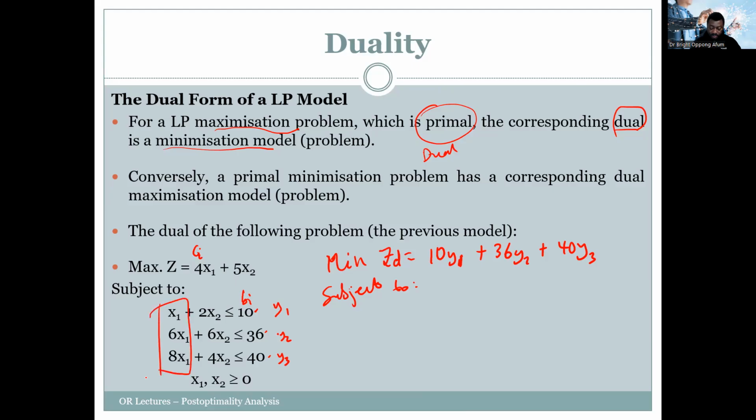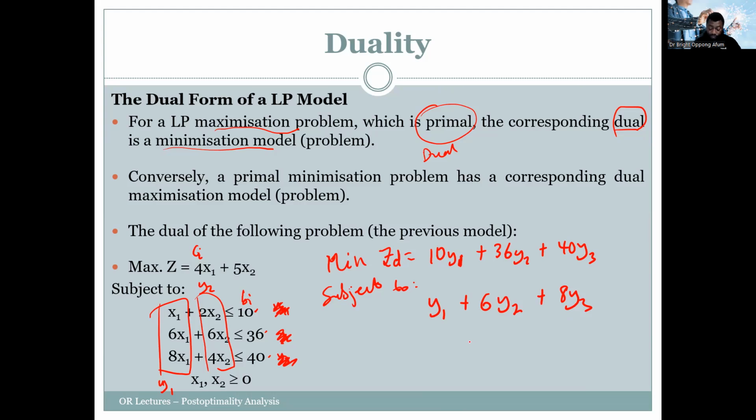So all these become our y1. Then we have that becoming our y2. So this is how we create it. So it will be y1 plus 6y2 plus 8y3, right?